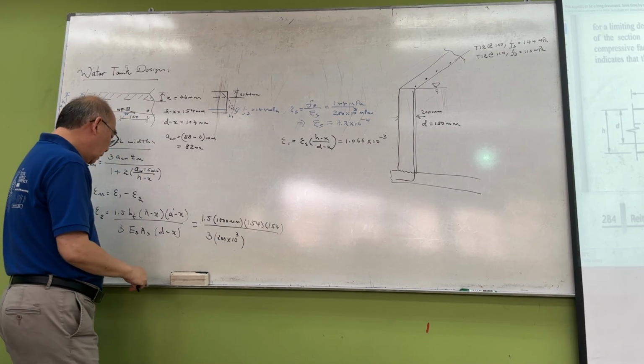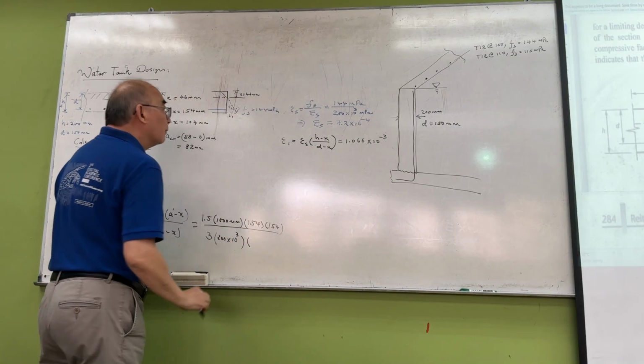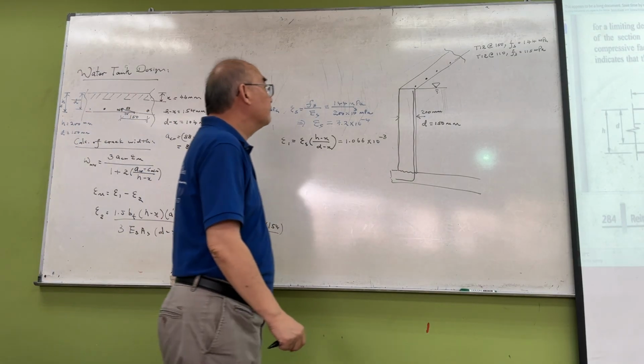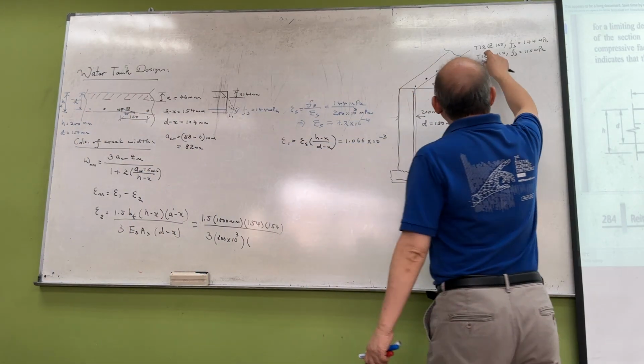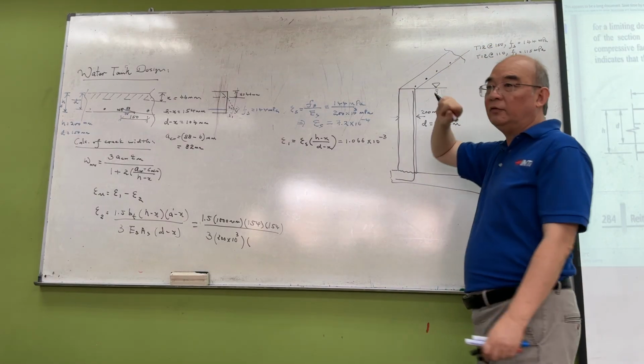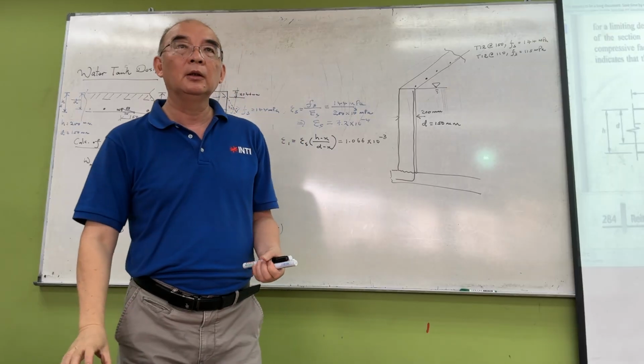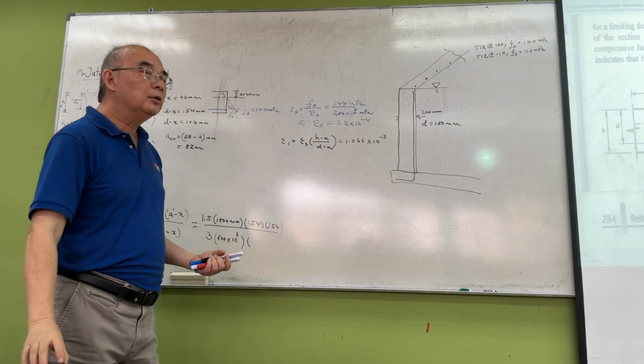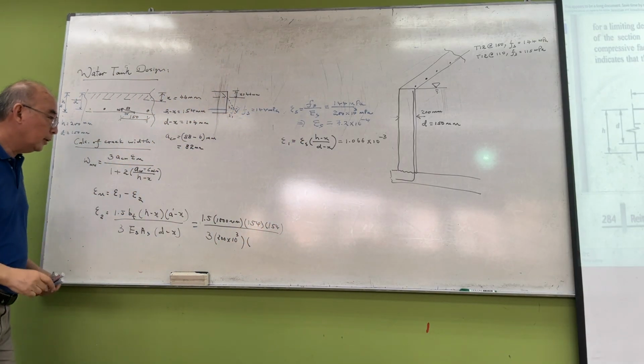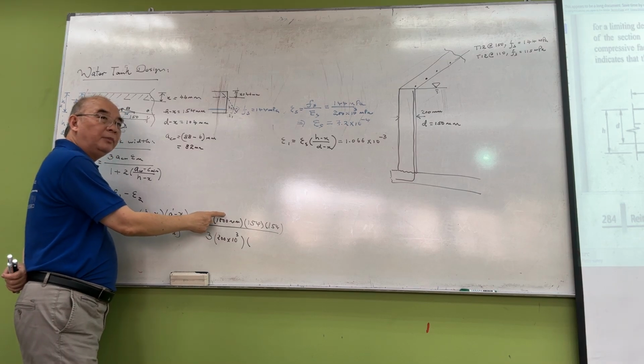Okay. And As, what is As? T12 at 150. T12 is 113, right? You can do it based on 1 meter.